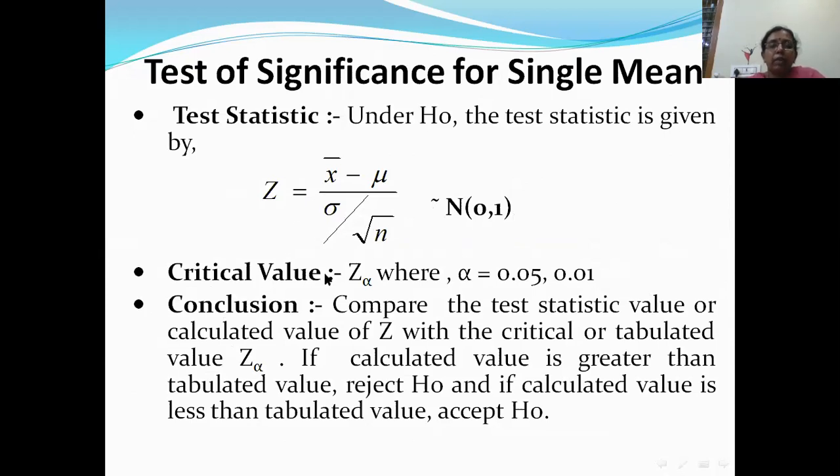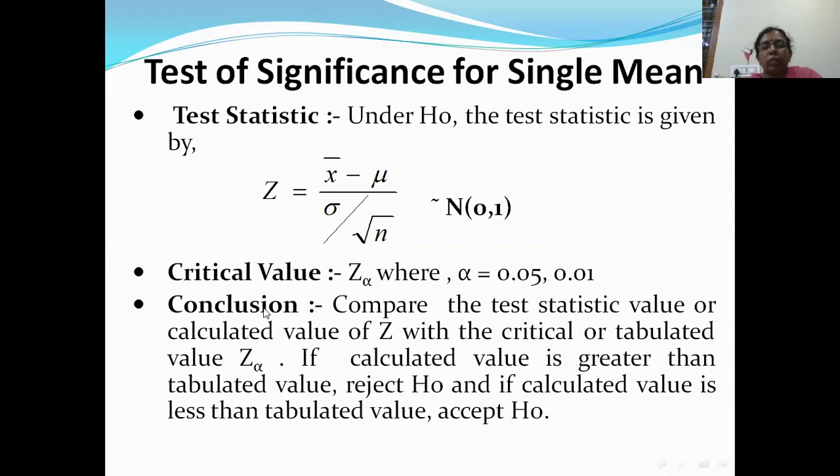Using this formula you calculate one Z value, and this Z value you should compare with Z alpha. Whatever we found in the area property, for 5% for a two-tailed test it is 1.96, for 1% it is 2.58. Those are the table values. So the critical value, we denote it as Z alpha, where alpha can be 5% or 1%.